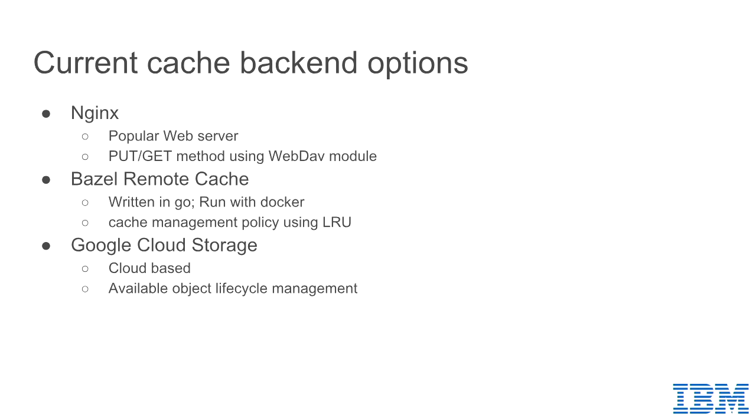It provides a cache management policy using LRU, which can clean up your old cache based on the last access date of the file. The third one is Google Cloud Storage. Obviously, if you run your CI system on Google Cloud, this would be a good choice for you. It also has object lifecycle management for you to clean up your old caches.